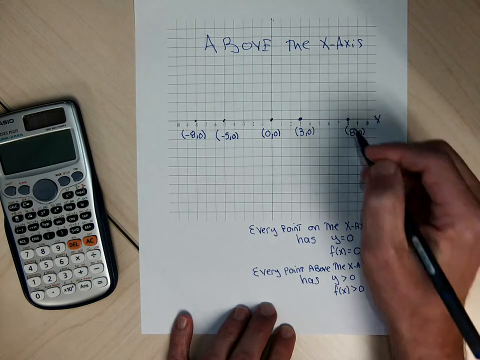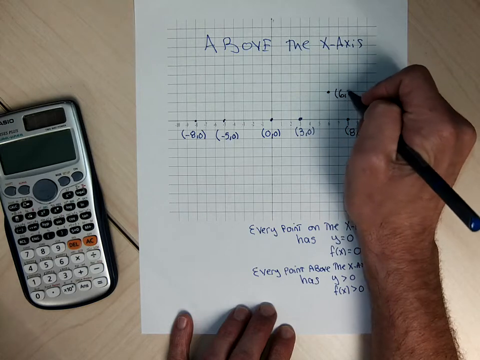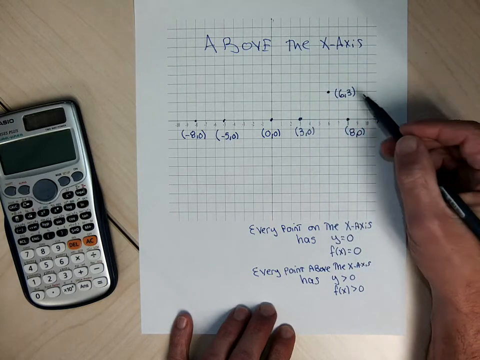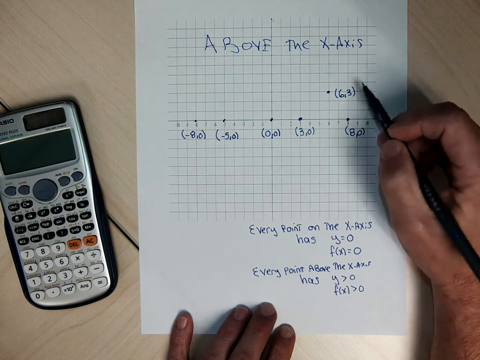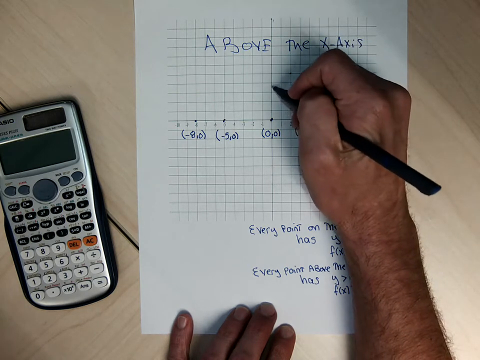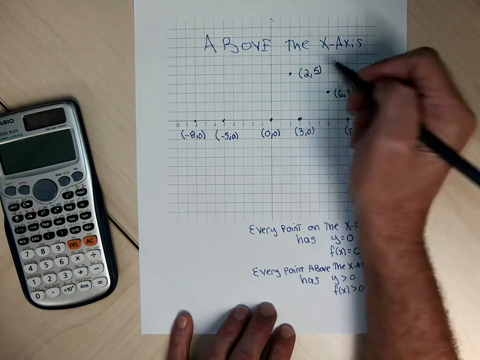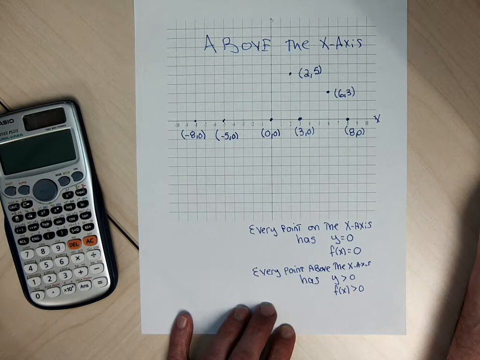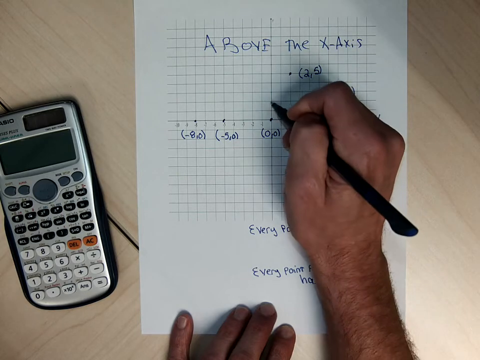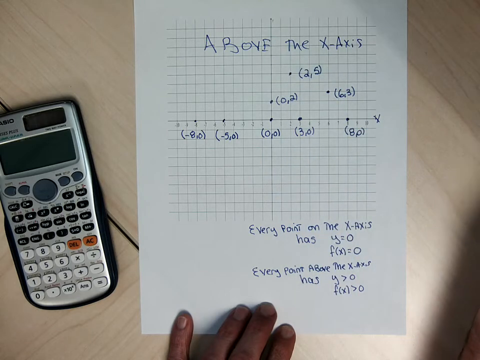For instance, here's the point, I think that's (6, 3). Here the x is positive, which doesn't really tell me whether the y is going to be positive or not, but the y is also positive. Here's the point (5, 2.5). The x is positive and the y is positive. The x doesn't impact whether the y is going to be positive or negative. Here's the point (0, 2). Here the x isn't positive nor negative, but the y is positive.